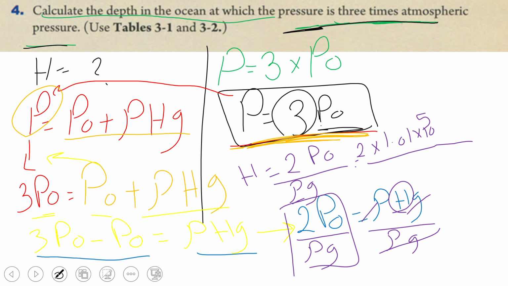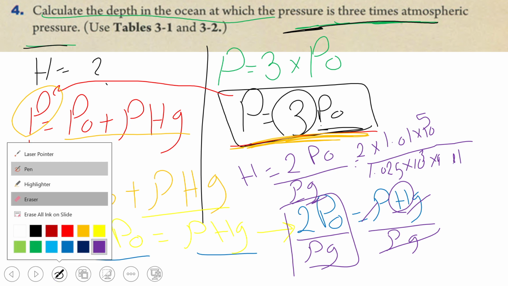The density of the ocean is equal to 1.025 times 10 power 3, times the value of G, the constant acceleration, 9.81.